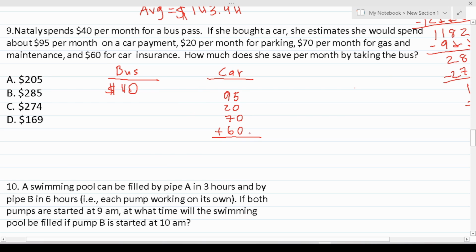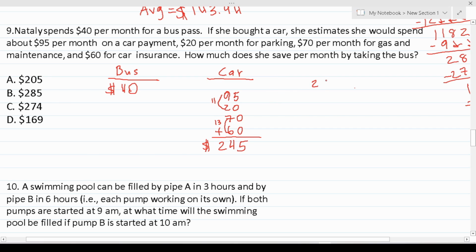This is 5 plus 0, so it's just 5. Then we have 9 plus 2, which is 11, plus 7 plus 6, which is 13. 11 plus 13 is going to be 24. So as we can see, it costs $245 per month to own a car, whereas it costs her $40 per month for her bus pass.